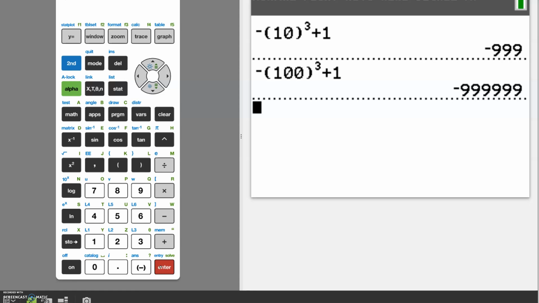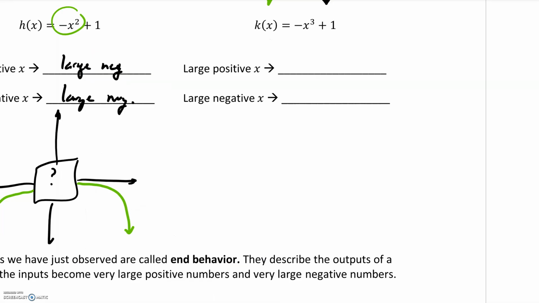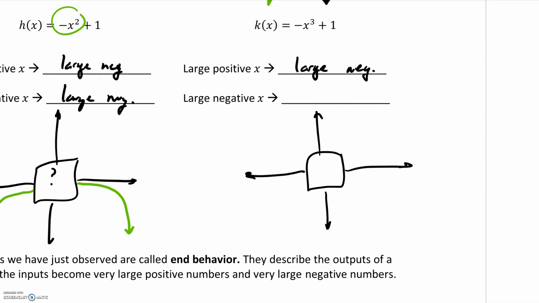So as my x value moves very big in the positive direction, my y value gets large in the negative direction. Okay, again, this is all about what's happening around the ends of my graph. So this one, large positive input, is going to give me a bigger and bigger and bigger negative output.